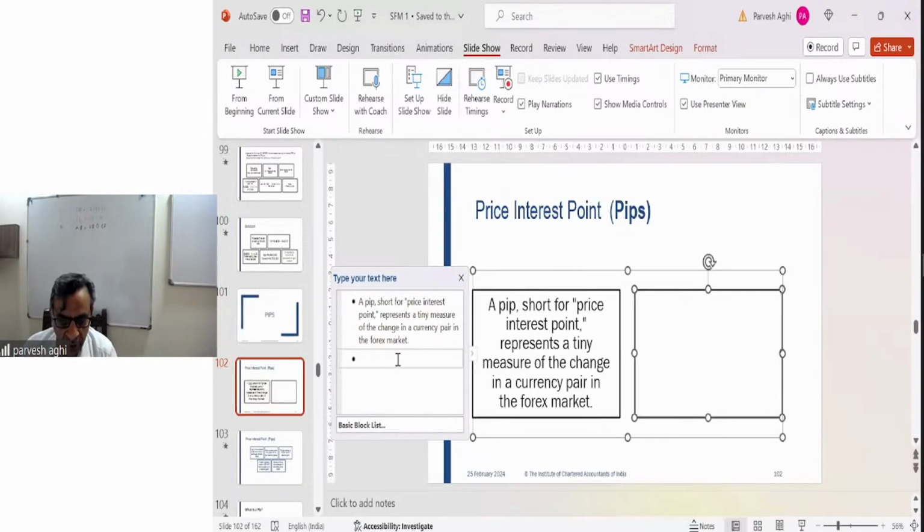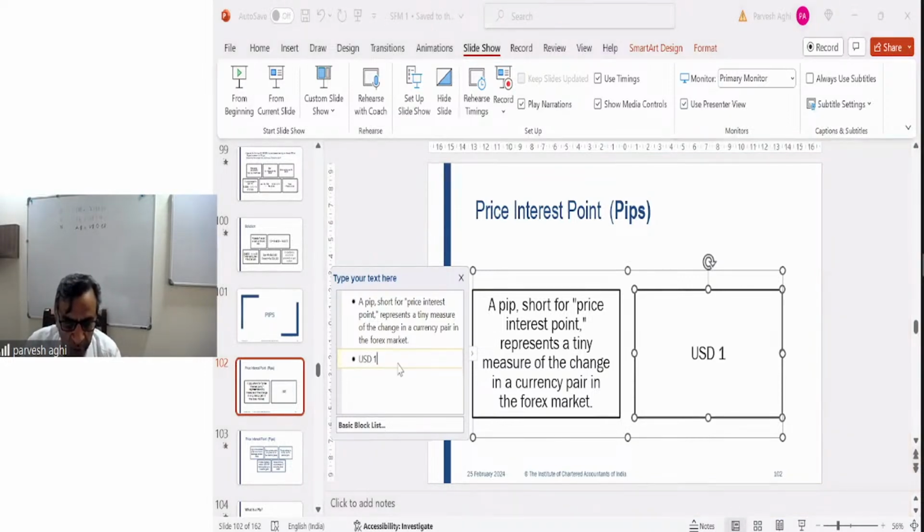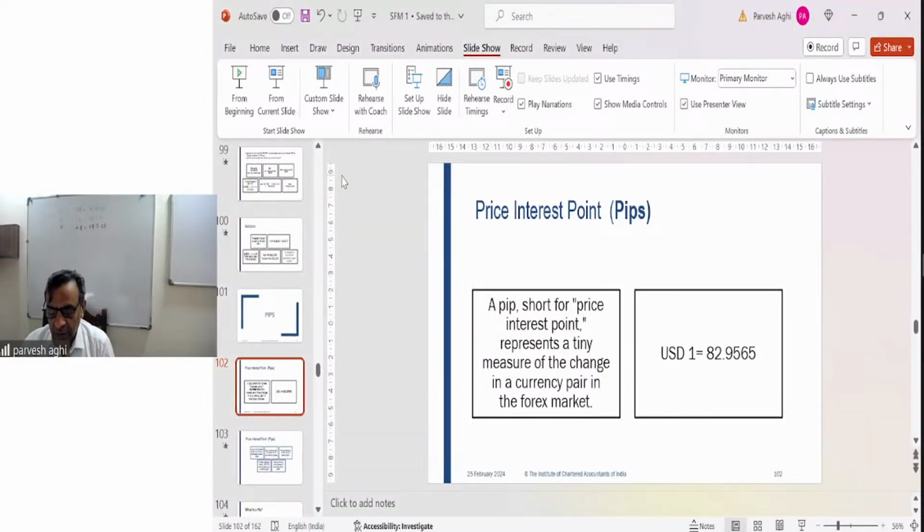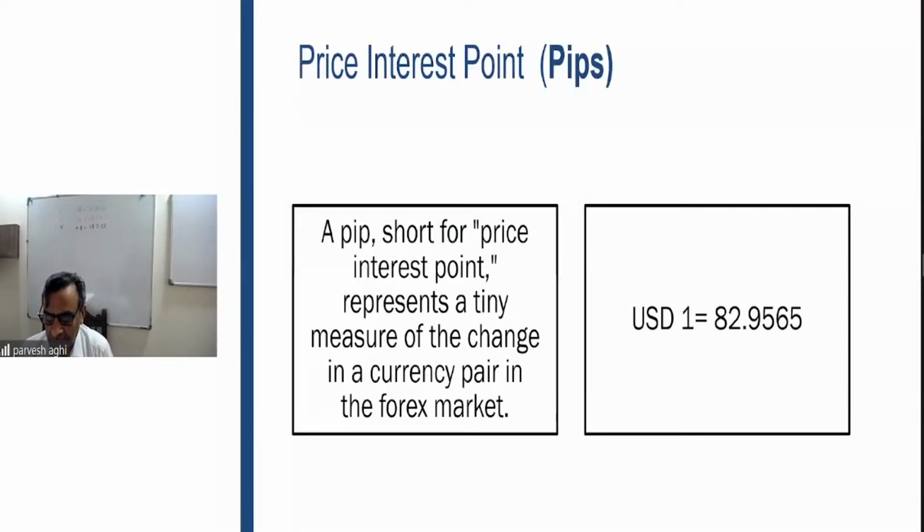You know that USD 1 is today trading at 83 or 82.954. For example, suppose this is the dollar price today in the market. Now the pip is the fourth decimal place. So this is the pip.